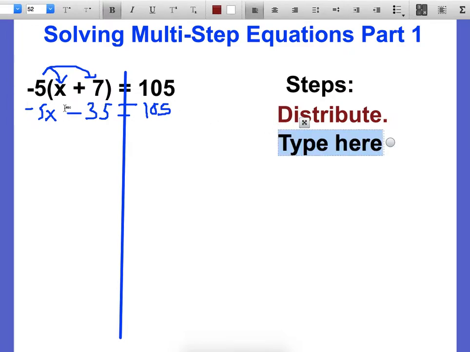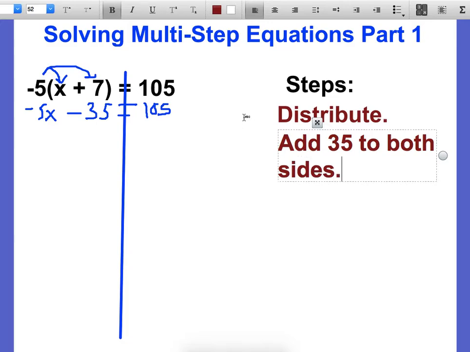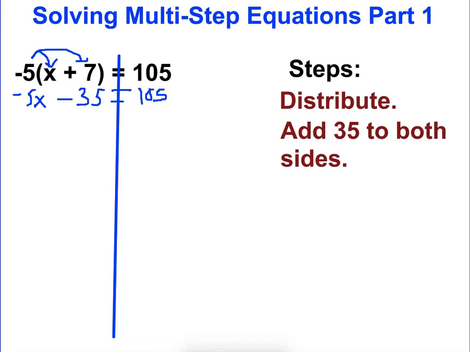So just like before, I see a minus 35. I need to remove that to isolate the x. So I'm going to add 35, and remember to both sides to keep the equation balanced. So now it should look similar to what we've done before in class. So instead of minus 35, I'm going to do plus 35 on both sides, like so.